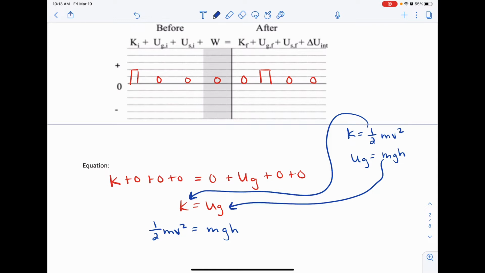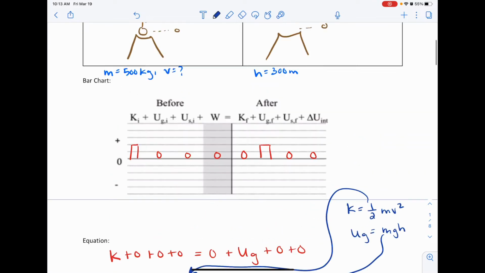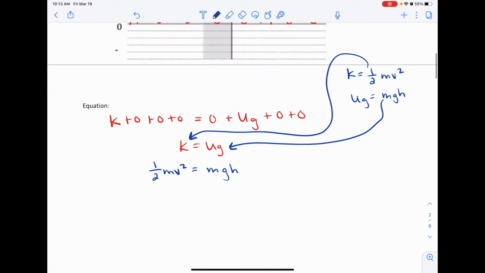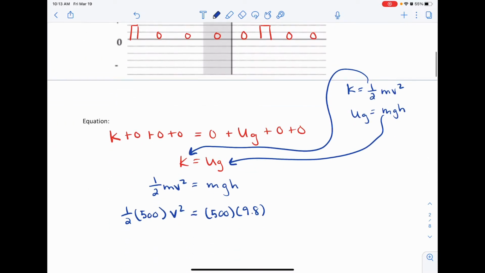Now let's take a second to plug in our numbers. I know my mass is 500 kilograms. So I'm going to say 1/2 times 500, and I don't know my velocity, so I'm leaving that as v squared. My mass again is 500, g is always 9.8, and I know my height is 300 meters. Now this is just a math problem that we're going to solve.